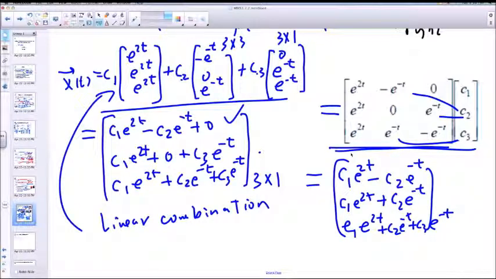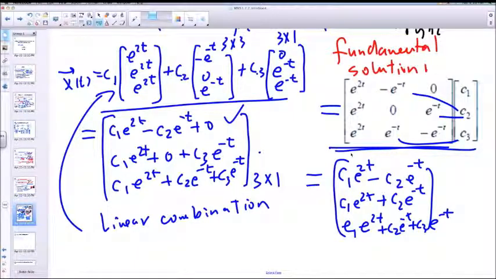Or the best way, which we like, is the fundamental solution set matrix times a constant vector. That's the way we prefer. So what's your solution? Your solution is written as x equals this times c.